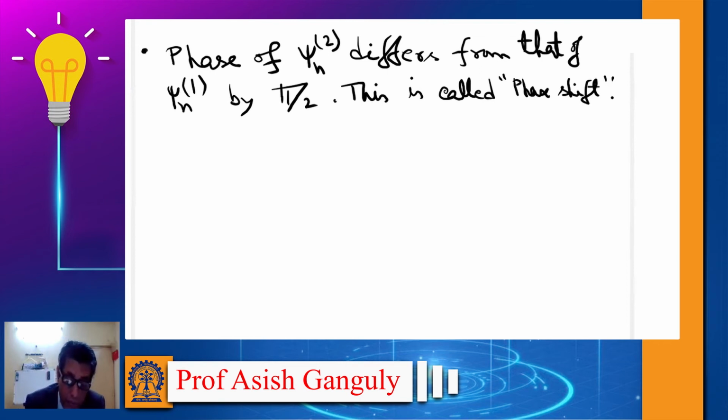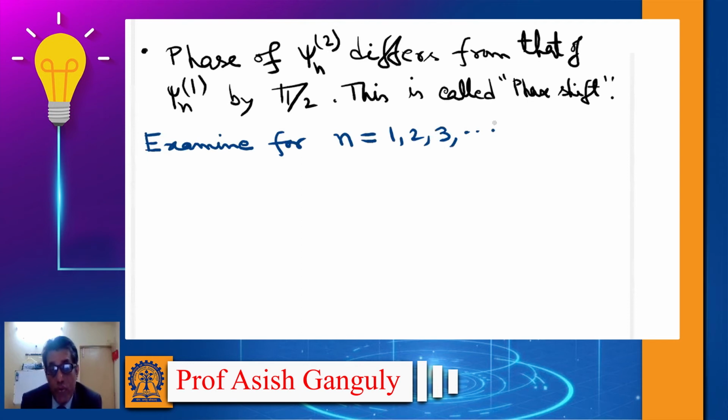Now you see n ranges from 1, 2, 3, 4, and so on, so it is a sum of many terms. So we will now examine each term for n equal to 1, 2, 3, and so on. For each value of n, it is called the nth mode wave.